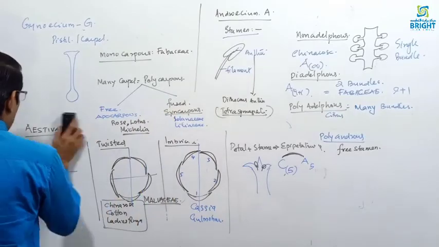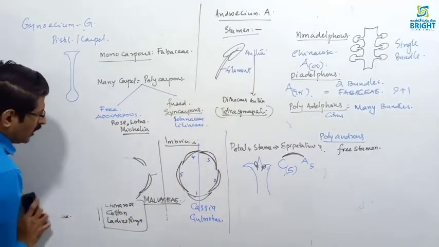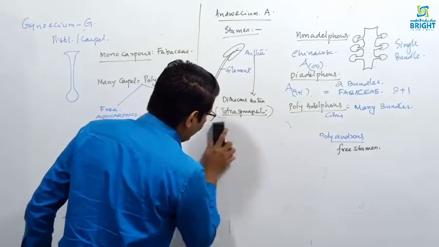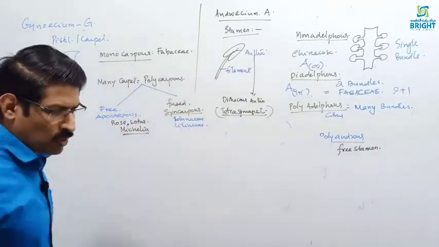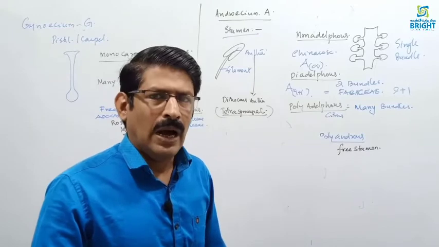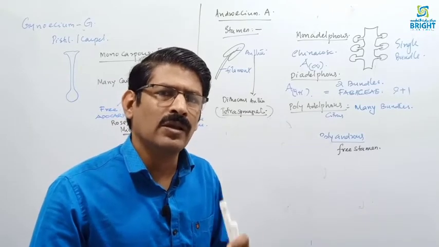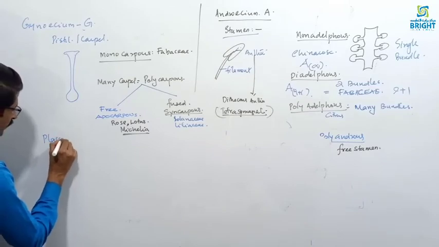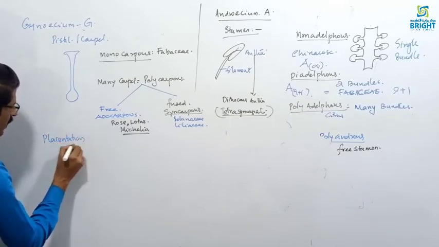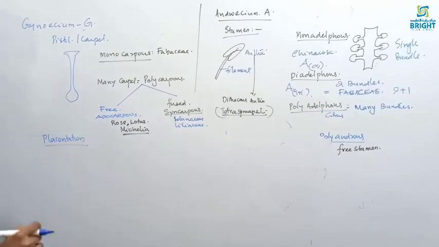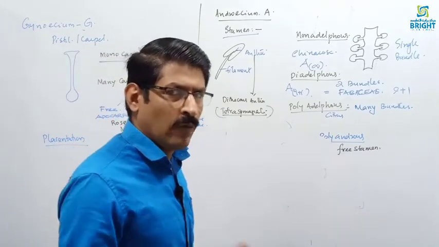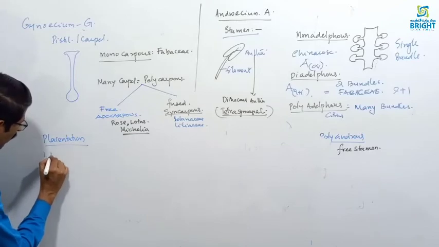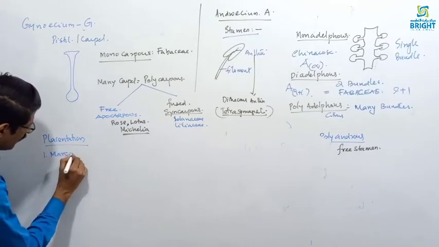We know that the ovary contains ovules, and the ovules are attached to the ovary on the placenta. The arrangement of ovules inside the ovary is called placentation, and there are five basic types. One is marginal placentation.